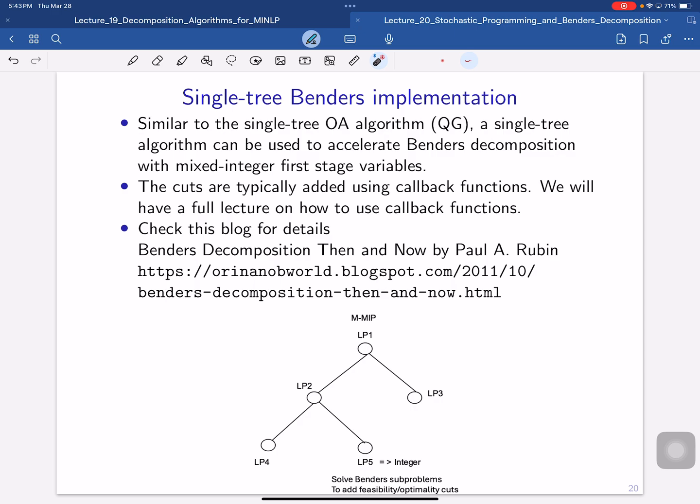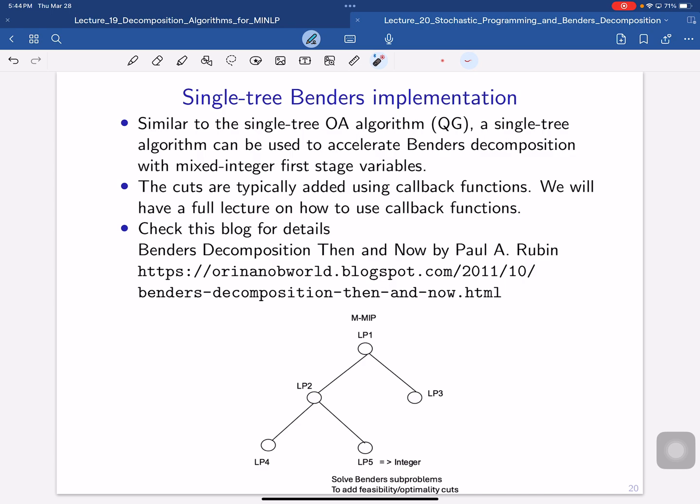It's just the same thing as in the single tree outer approximation methods. In other words, in the Quesada-Grossmann algorithm, we are doing branch and bound only once, and then we are adding those cutting planes on the fly, right? So the same intuition holds: you can have a single tree implementation where you start doing branch and bound, and you add Bender's cuts when you find an integer solution at a node of the master problem, right?